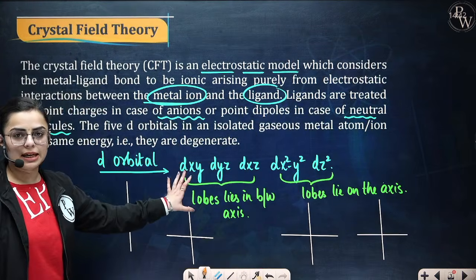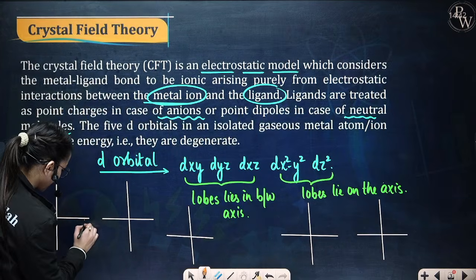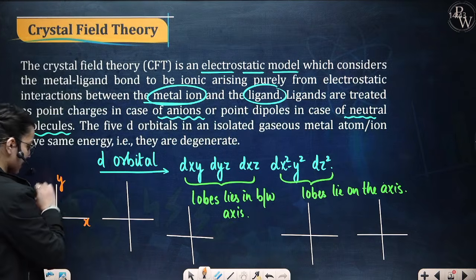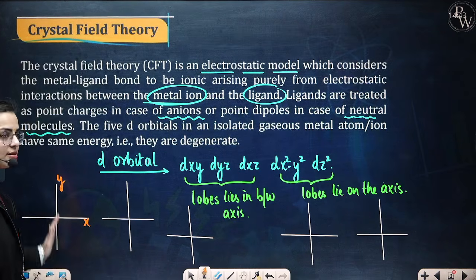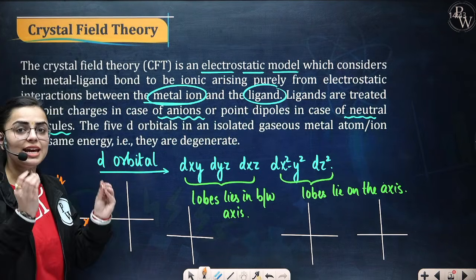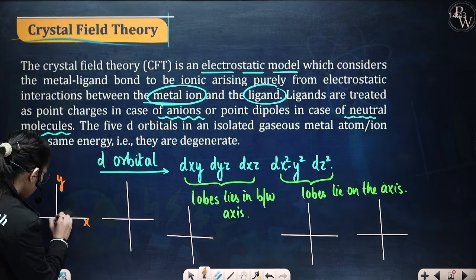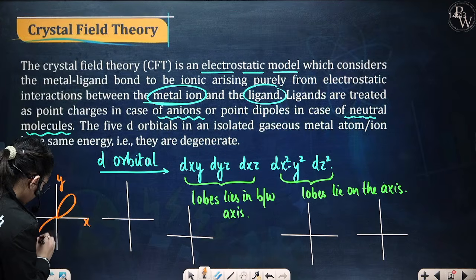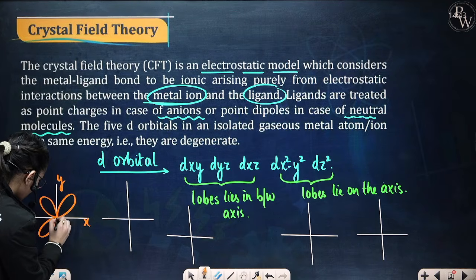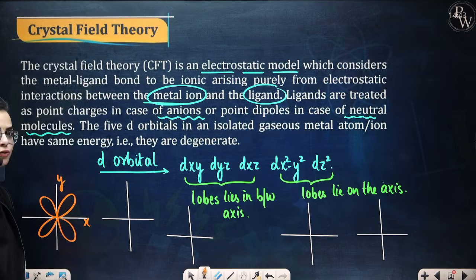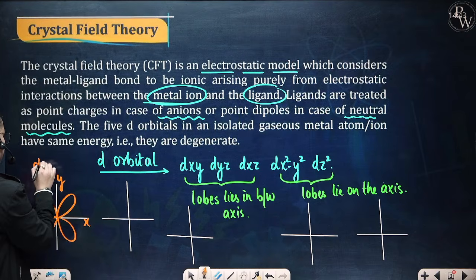Here I shall take the x-axis and y-axis respectively. If this is my x-axis and this is my y-axis, I told you that the lobes lie in between the axes. That means the double lobes would lie like this. This is the structure of dxy.